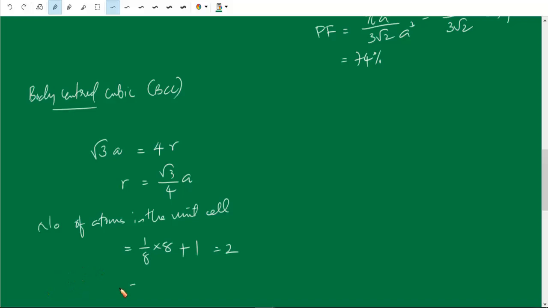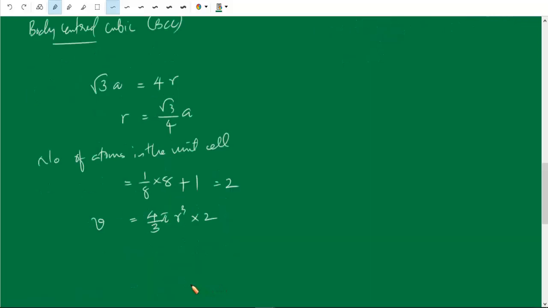Therefore, the volume of atoms in the unit cell V is equal to 4 by 3 pi R cube into 2, which is equal to 4 by 3 pi, with R equal to root 3 by 4 a, whole cube, into 2, which is equal to root 3 divided by 8 pi a cube.